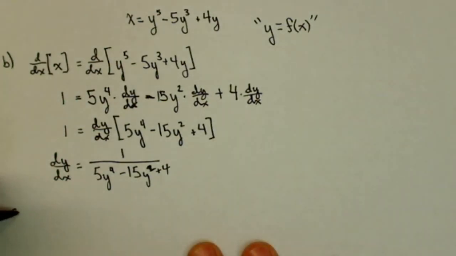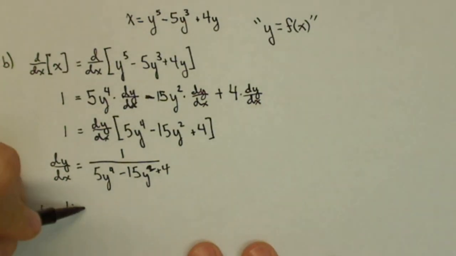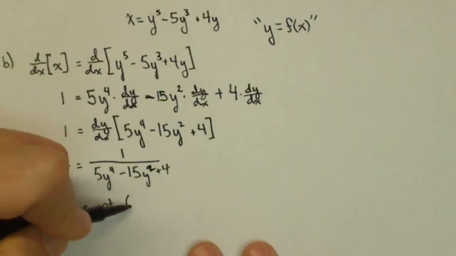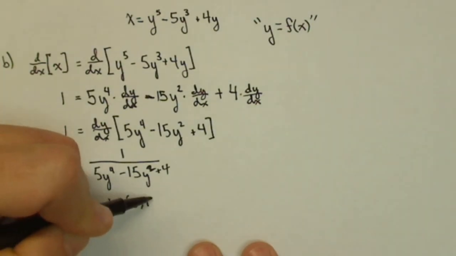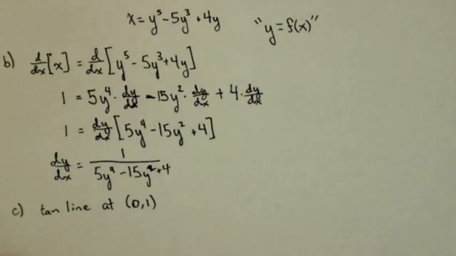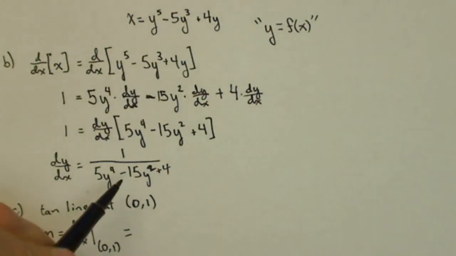Now part C, let's find the tangent line at the point (0, 1). Remember two things we need for a tangent line: the slope and a point that it goes through. We've got the point. The slope m is going to be our dy/dx at the point (0, 1). So that means we're plugging 1 in for y.